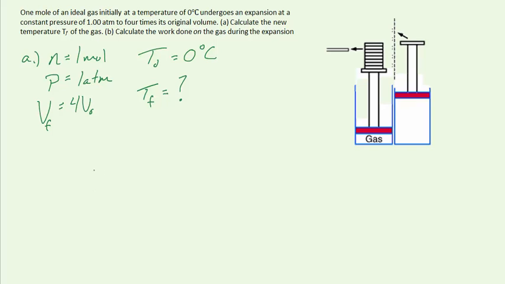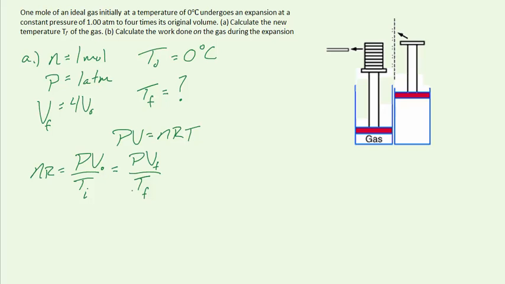Well, by using the ideal gas law, which states that PV equals nRT, we can rearrange our equation where nR is equal to PV over T. So we can say that our initial pressure times initial volume over initial temperature is also equal to our pressure times our final volume divided by our final temperature.